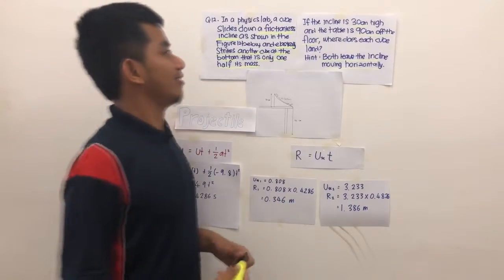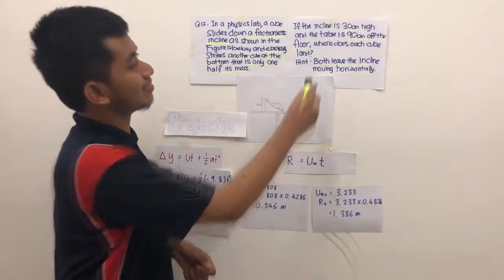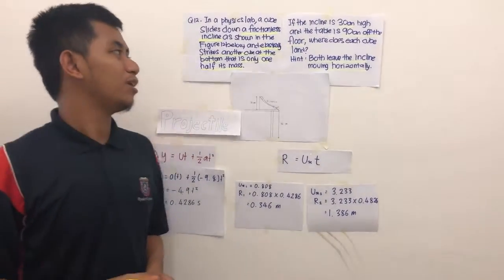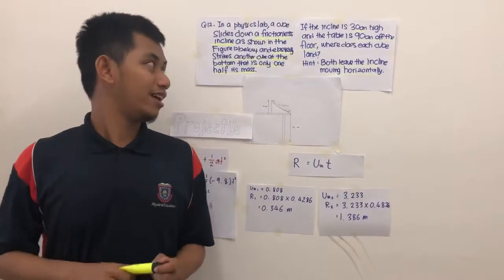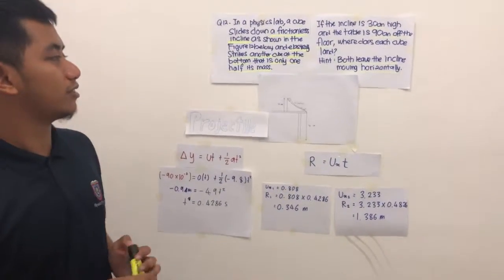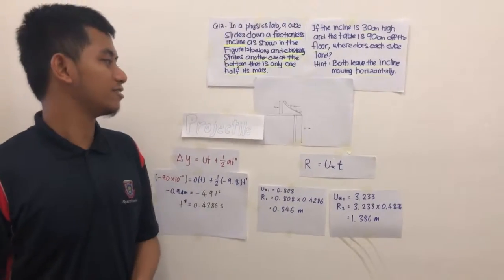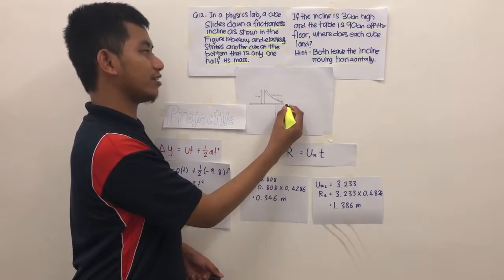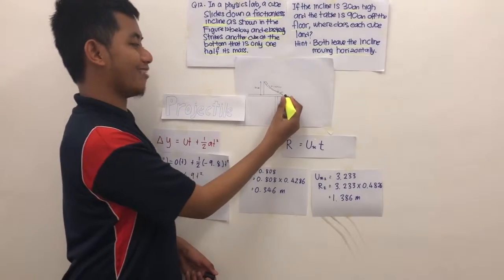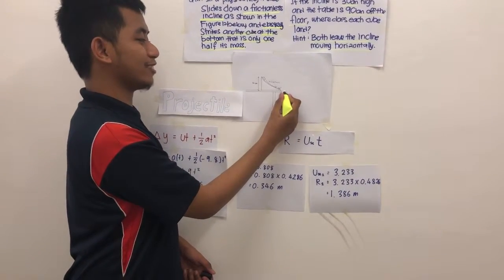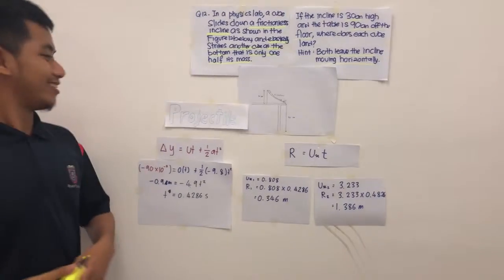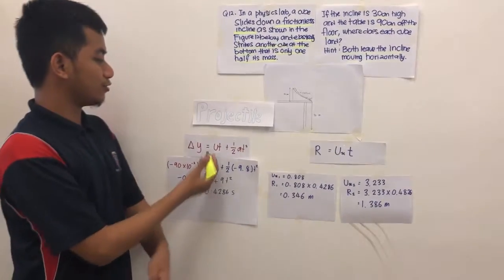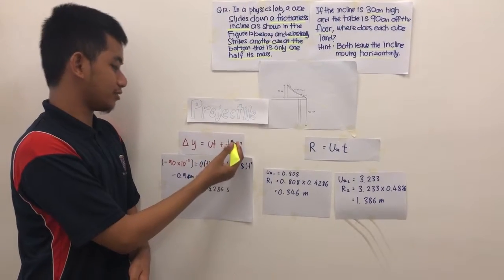If the incline is 30 cm high and the table is 90 cm off the floor, where does each cube land? Both leave the incline moving horizontally, so we will use the concept of projectile motion. The first formula is y equals ut plus 1/2 at squared.